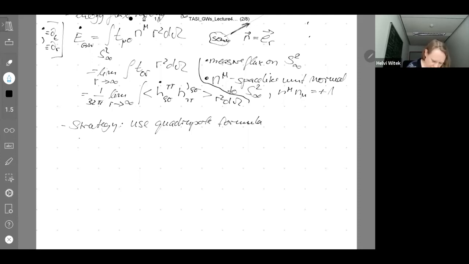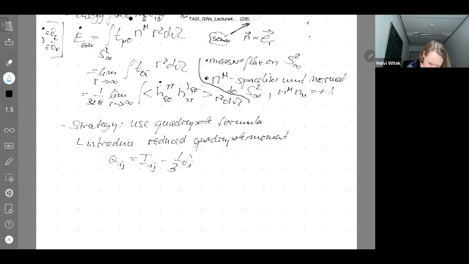Then we introduce the reduced quadrupole moment, which is nothing else but the trace-free version of the quadrupole moment. That is, you introduce something that I call Q_ij, which is I_ij minus 1/3 delta_ij delta^kl I_kl. So this is the spatial trace-free part of our quadrupole moment.